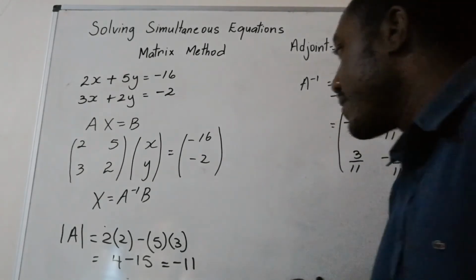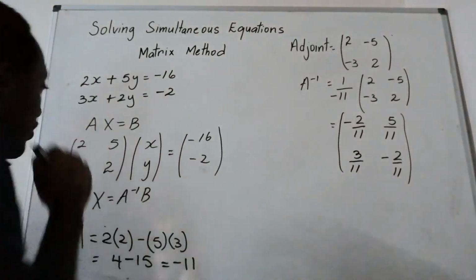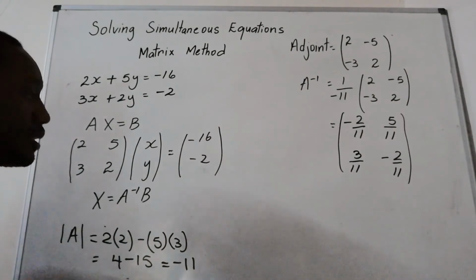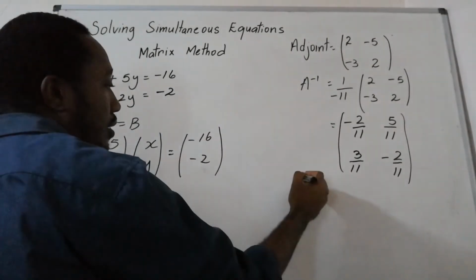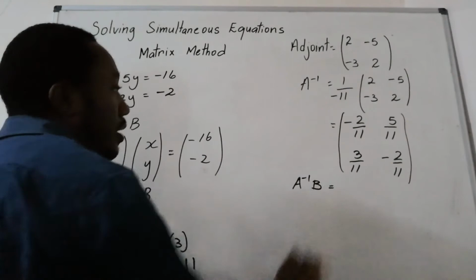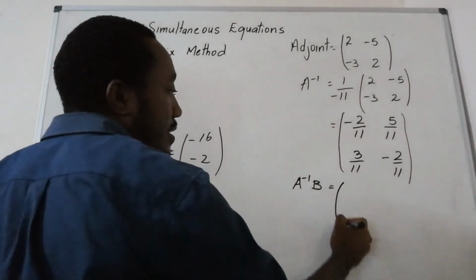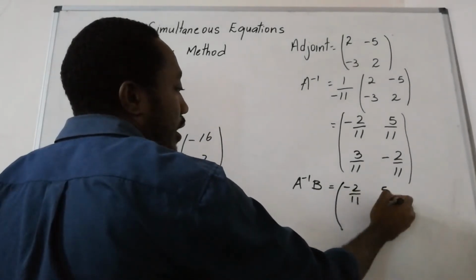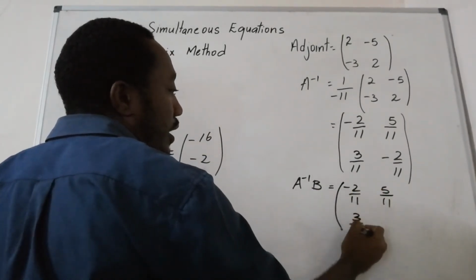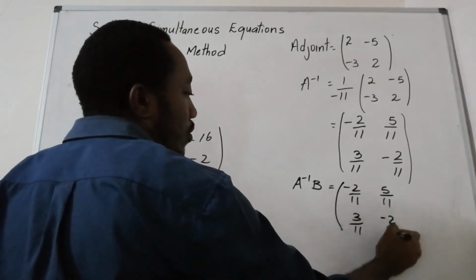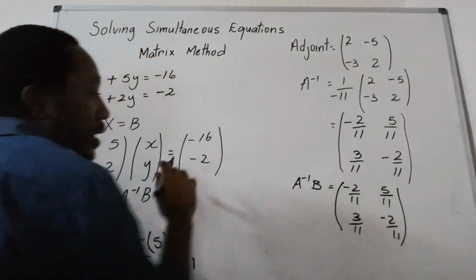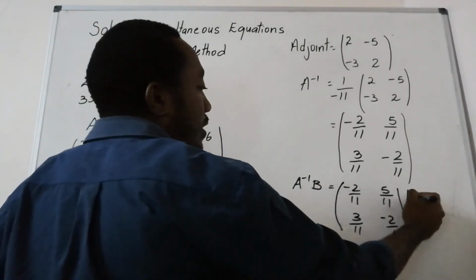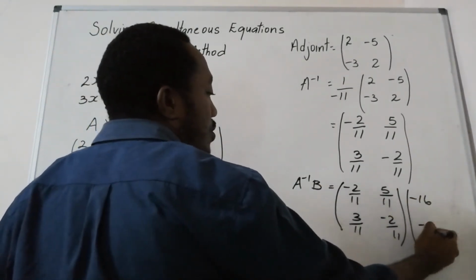Then, our next step is to multiply our inverse by our answer. Right? So we're multiplying A inverse times B. Now, A inverse, we have that as minus 2 over 11, 5 over 11, 3 over 11, and minus 2 over 11, times B, which is minus 16 and minus 2.